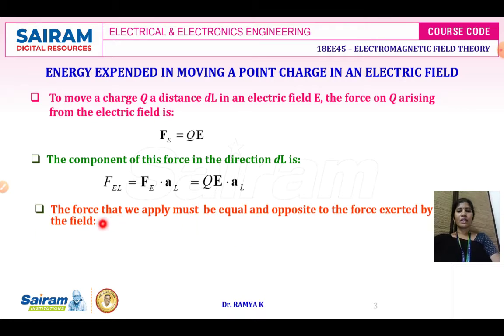The force we apply must be equal and opposite to the force exerted by the field, hence the applied force is F = -Q E · a_l. The minus sign represents that we apply an equal and opposite force to that exerted by the field.